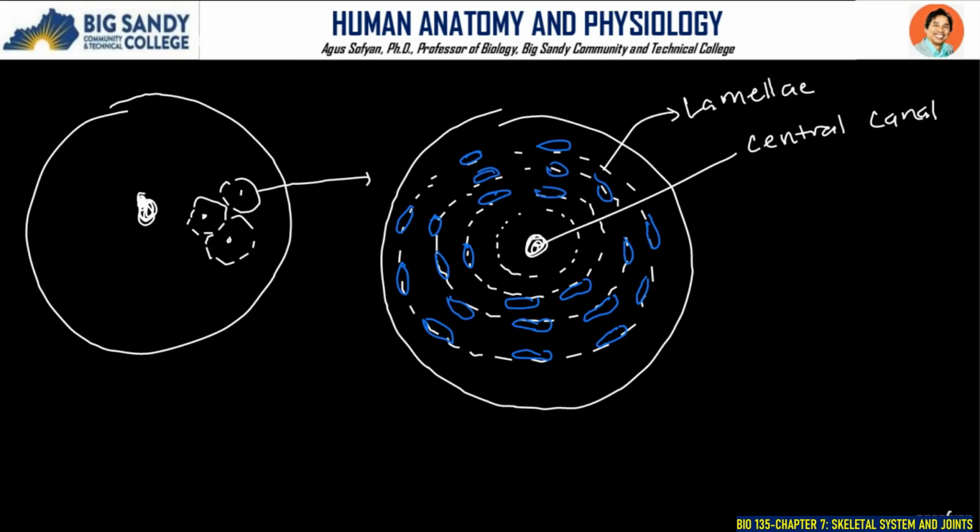This space is called lacuna. You can say this is a lake. Inside of each space there will be a cell, this yellow color for the cell. You see that? This is connective tissue. The cells are separated, they are not connected, and between them there is matrix.